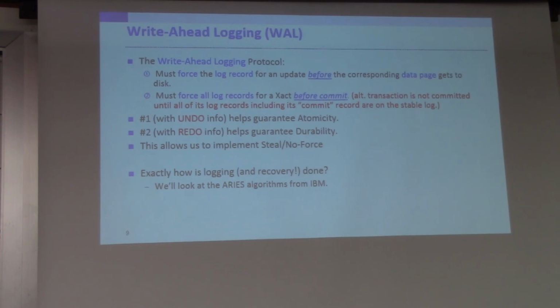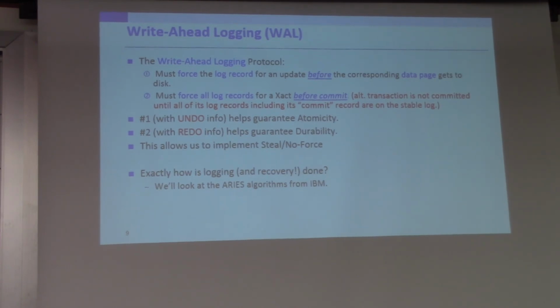In other words, going back to this example here, I allow steal to happen, right? Because I allow steal to happen, even if a transaction has not committed yet, potentially this B may be written back, right?